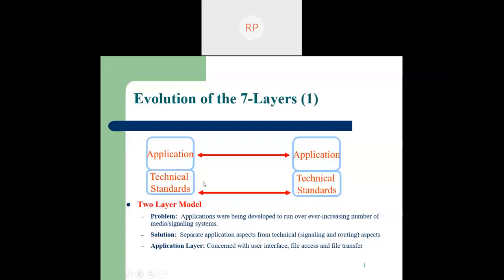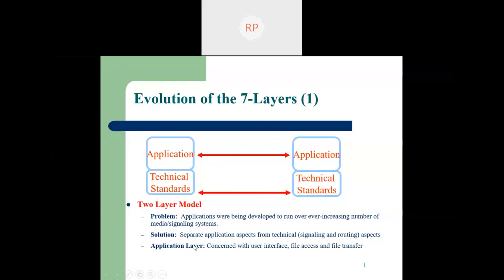So we have to discuss first the application layer, and its technical standards. The solution is to separate application aspects from technical ones. You cannot merge two things together. So you have to separate technical standards and applications, meaning signaling and routing aspects. The solution for that is the application layer.